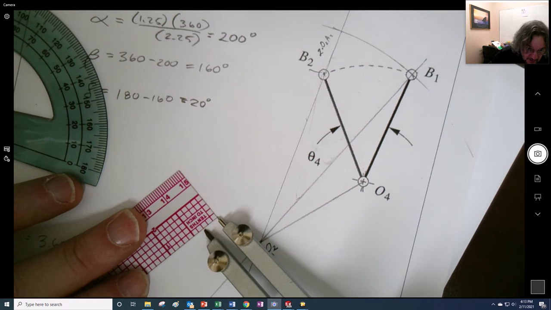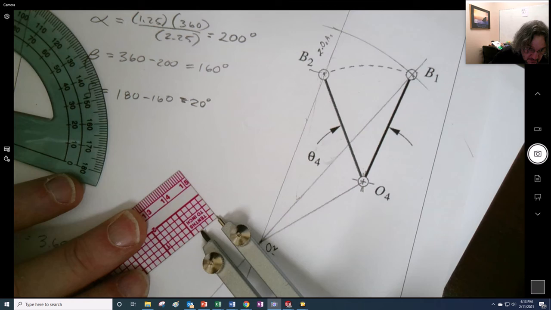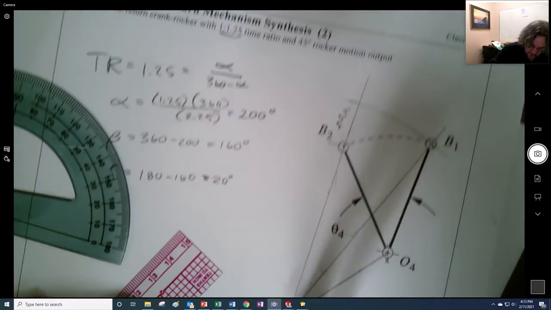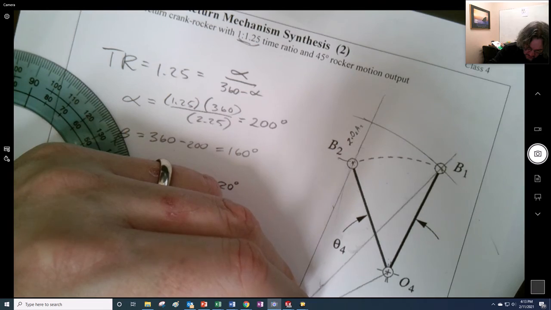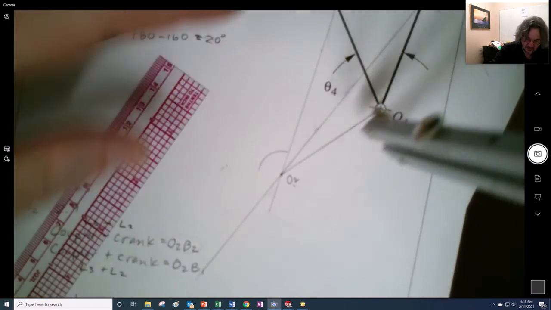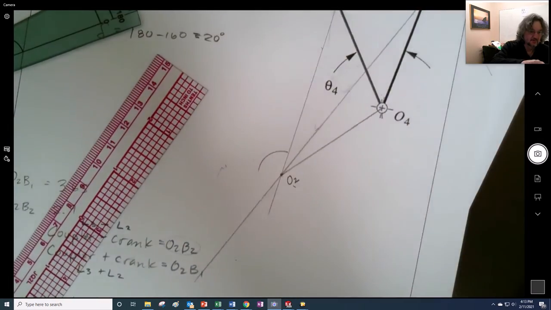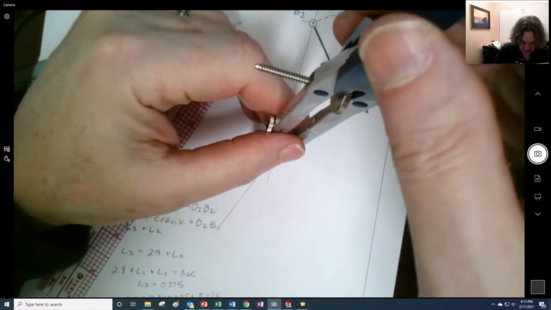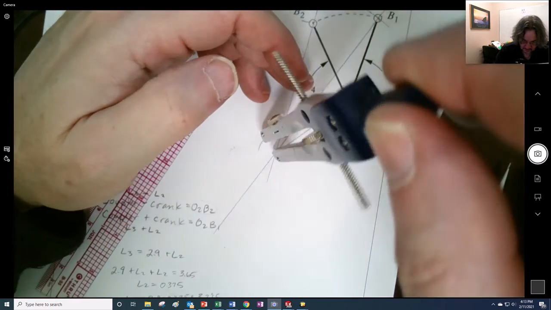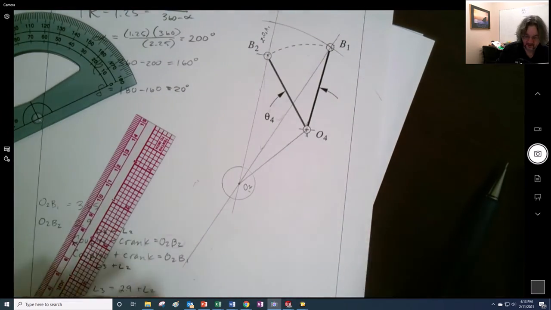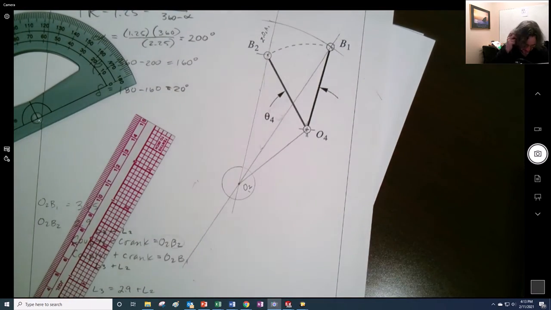See this 0.3. It's hard to see this, isn't it? All right, so there's your 0.375 radius onto the thing.